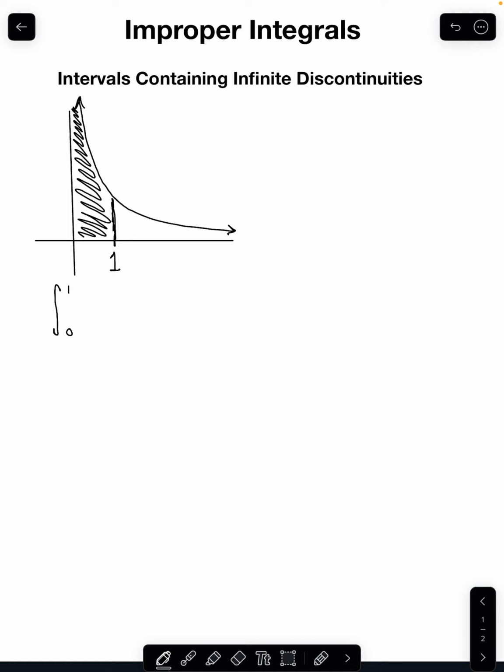Now, unlike integrals where the limits of integration are infinite, those are obviously improper. Integrals that go across an interval with an infinite discontinuity are not so obvious. There is nothing immediately apparent in this integral that suggests that it would be improper.